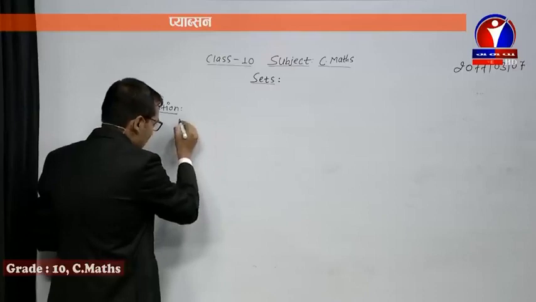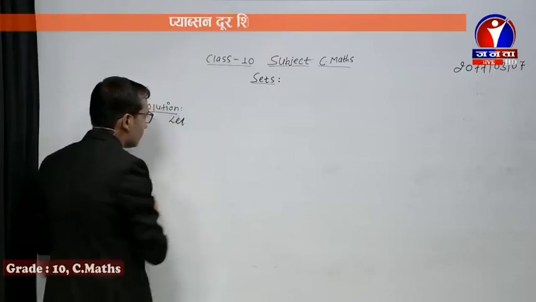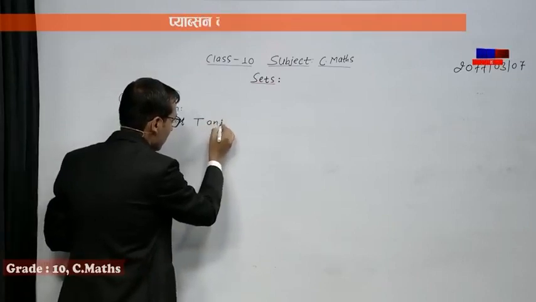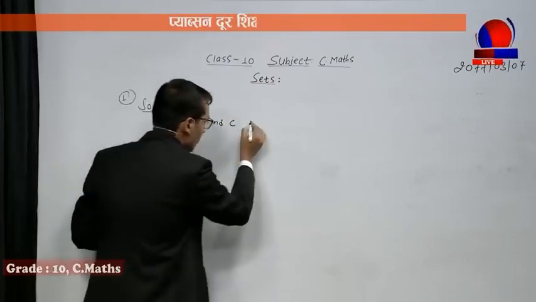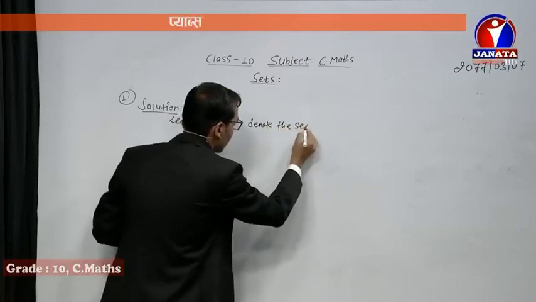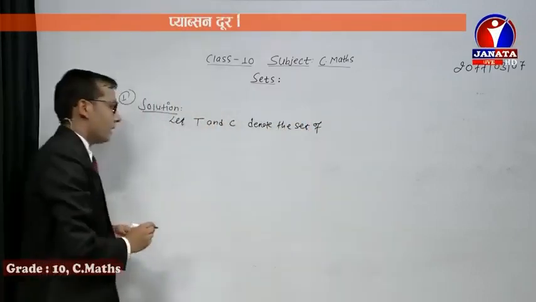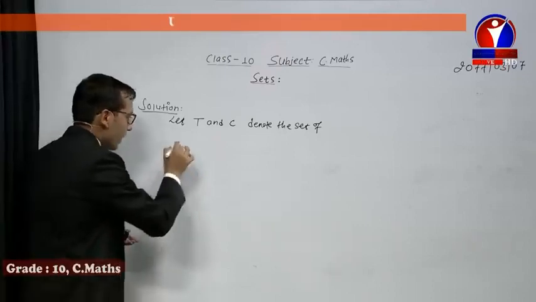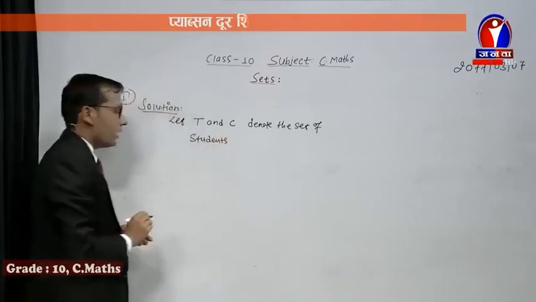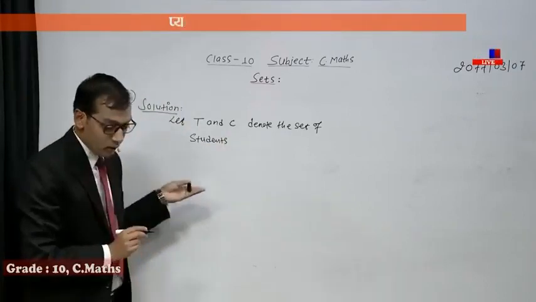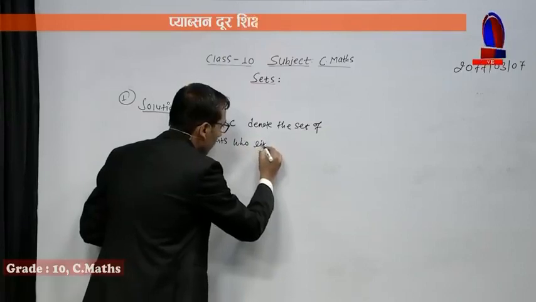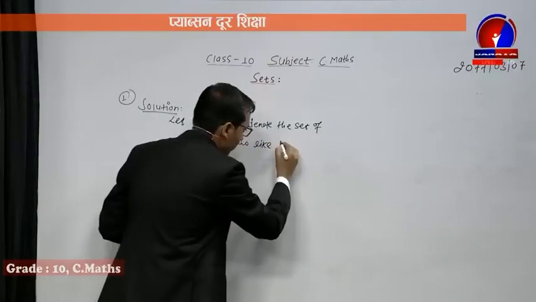So first of all, let T and C denote the sets of students who like tea and coffee.